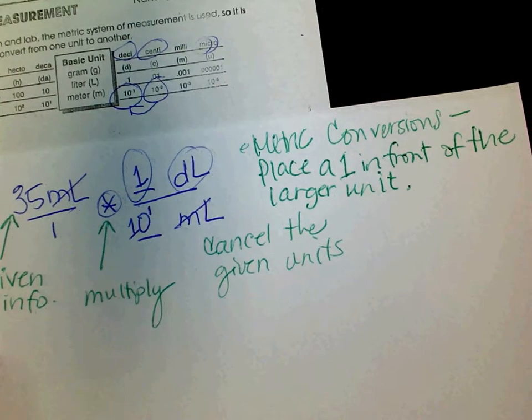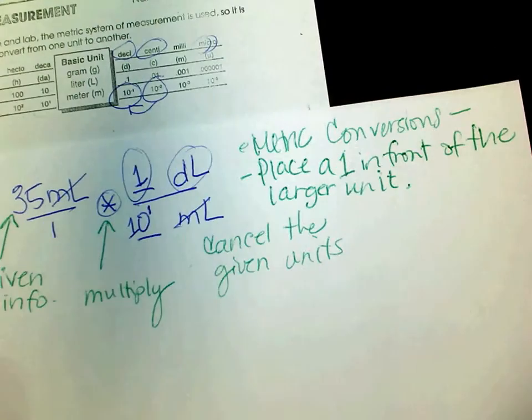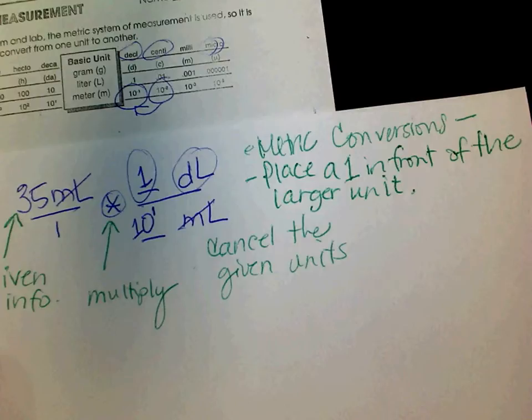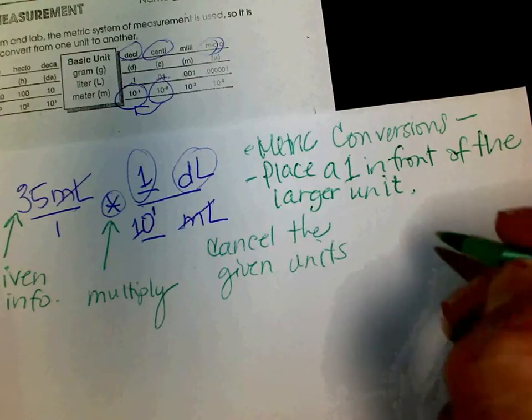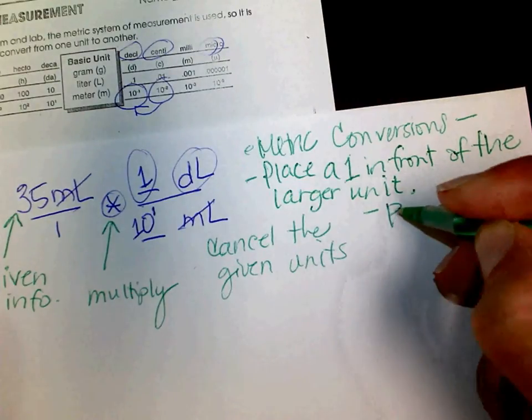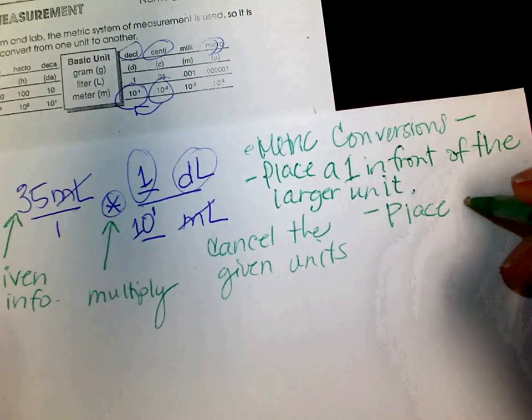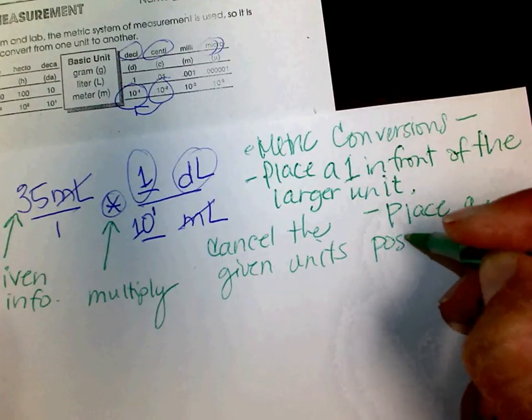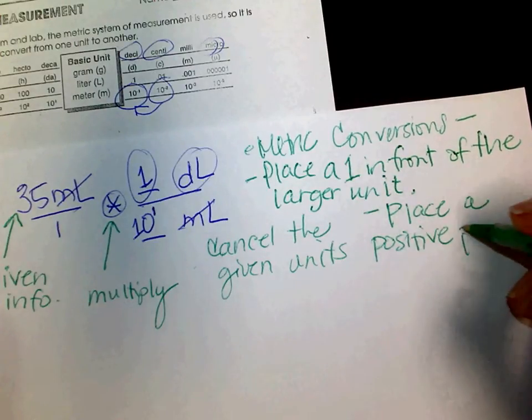All right, that's the first part of what we just did. And then the second thing is, place a positive power of 10 in front of the smaller unit.